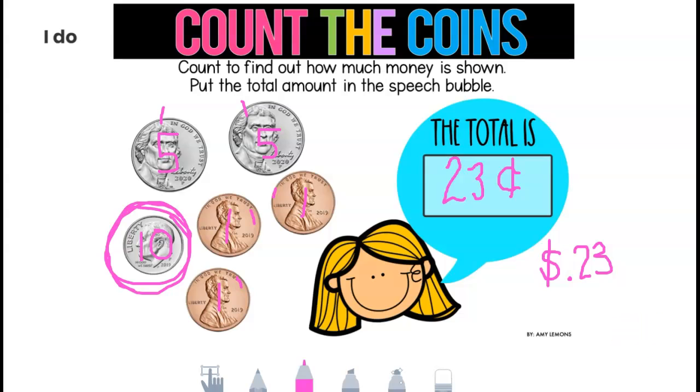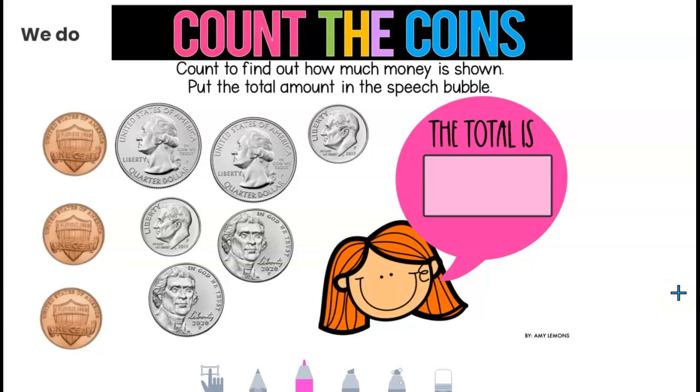All right. Now, take out your whiteboards. You're going to do this one with me. So on your whiteboard, what I want you to do is draw the coins. For this quarter, you'll draw a circle with a 25 in it. Okay? Then let's draw another quarter with a 25. Then you'll draw the 2 dimes.